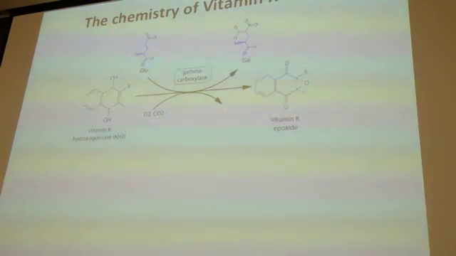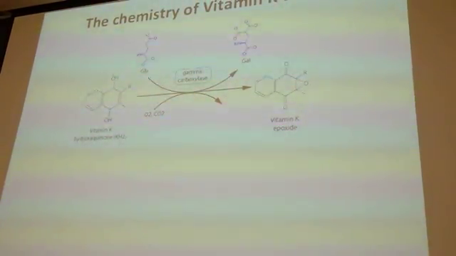Okay, so if we recall this vitamin K cycle that we talked about last time, right? So vitamin K, this is just the R group, this would be a long acyl chain. Vitamin K is required in its most reduced form, hydroxyquinone, for gamma carboxylase to mediate this addition of the carboxyl group, right?